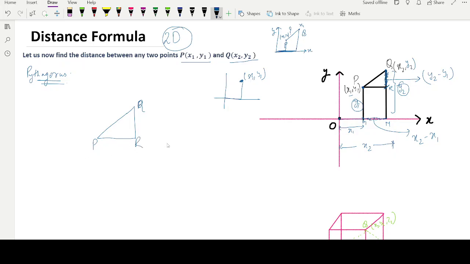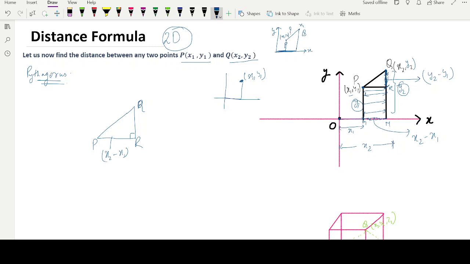We have found MN. This distance is always equal to x2 minus x1 in the whole graph. So we get PR is x2 minus x1. This angle is a right angle.